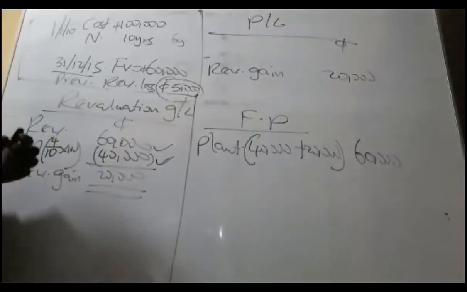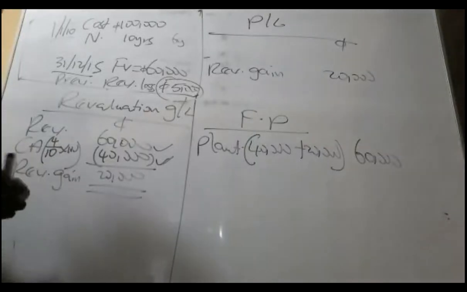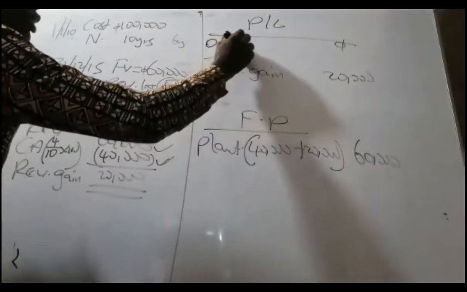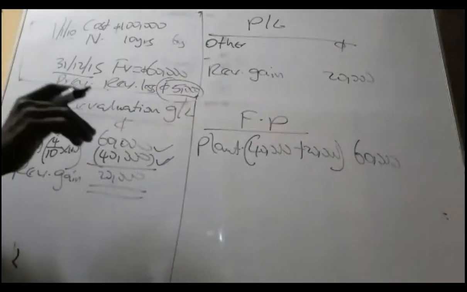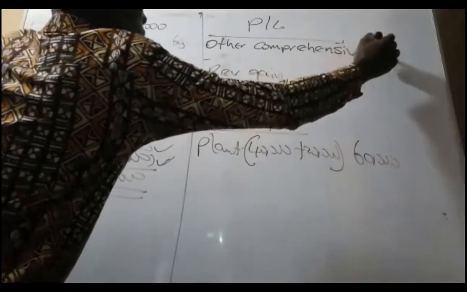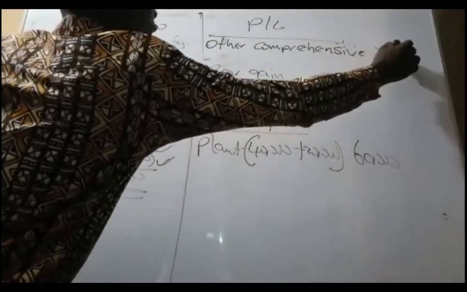Okay. Let me write it strongly before. Comprehensive income. No shortcut in exams.